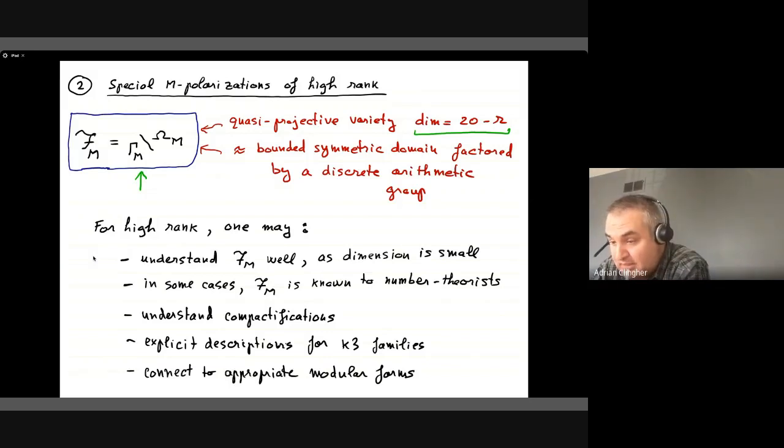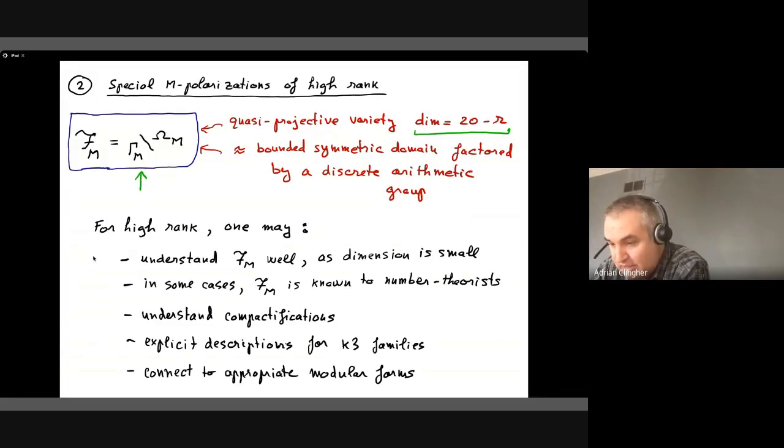And surprisingly, for various M polarizations, one obtains that this quotient is actually very well known to number theorists, to arithmetic geometers, and modular forms are involved, so you can make connections between modular forms and K3 surfaces.